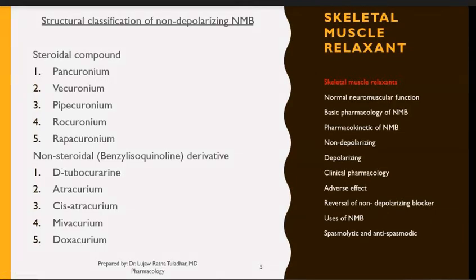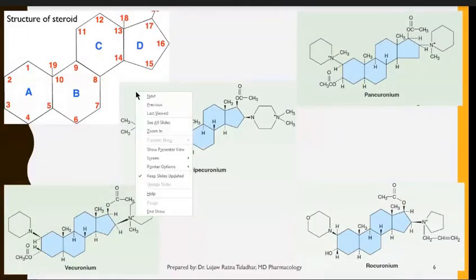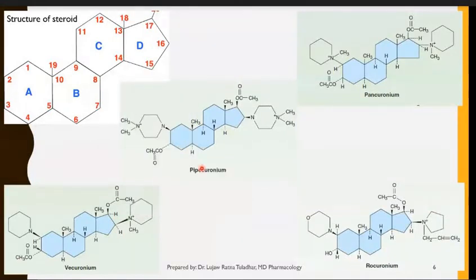The reason I am focusing on steroidal and non-steroidal is that when it comes to steroidal, you have this ring showing rings A, B, C, D, which is called cyclopentanoperhydrophenanthrene. This ring makes the drug lipid soluble. Along with this ring, there is attachment of this nitrogen group over here.